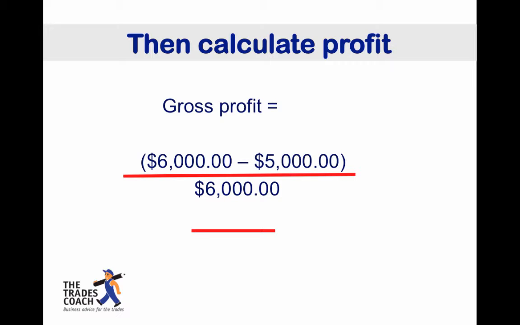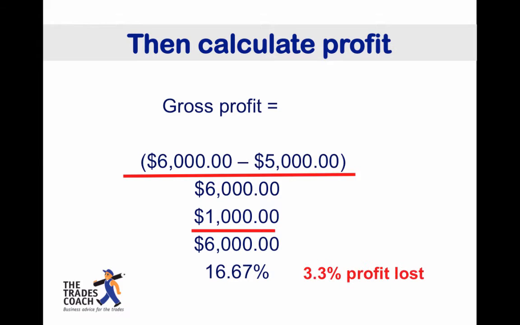Then we divide it again by the sale price of $6,000. So there's $1,000 gross profit dollars divided by 6,000 gives us 16.67. Where's our 20%? What happened to the 3.3%? Where did that disappear to?